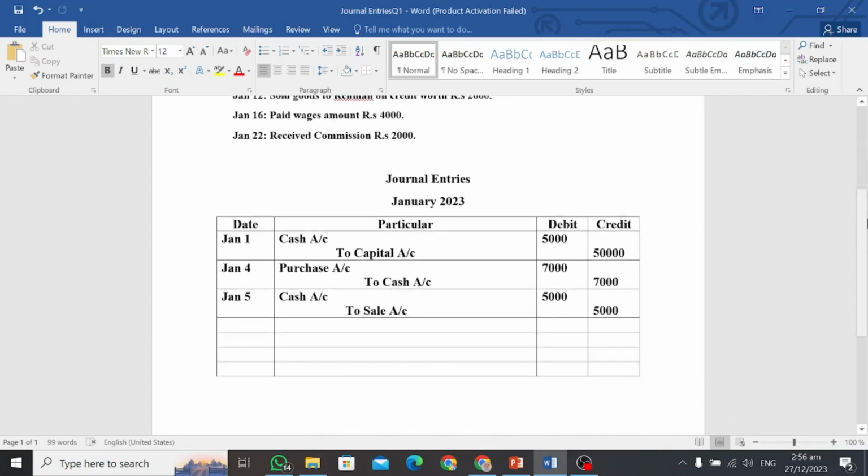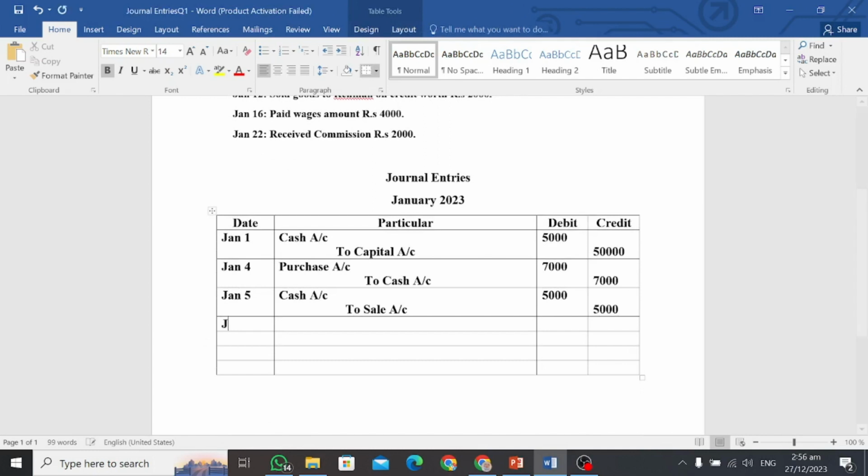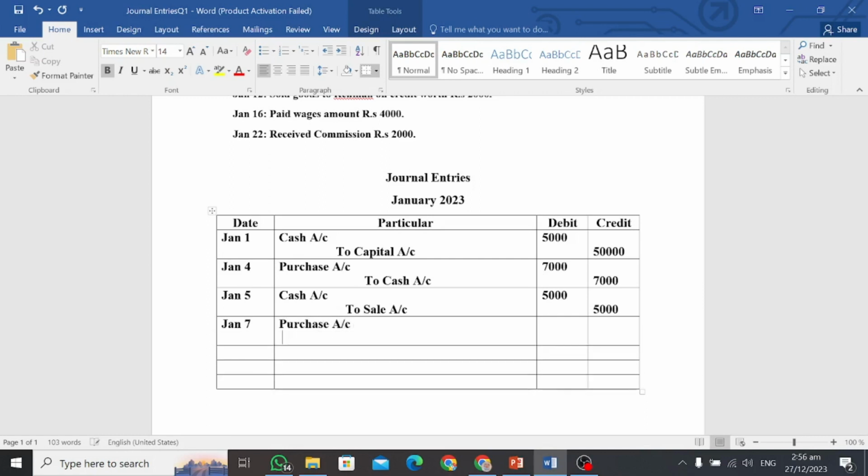So we can write it as January 7, purchase account to account payable worth rupees 4,500. The amount to be credited is 4,500.